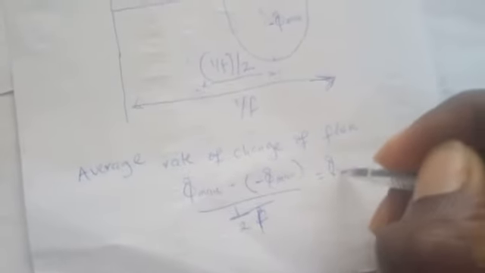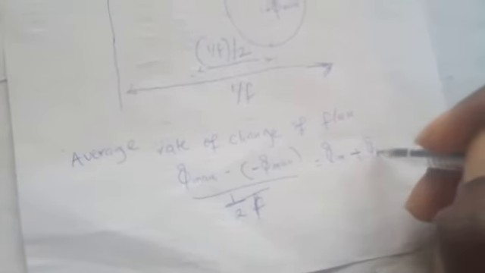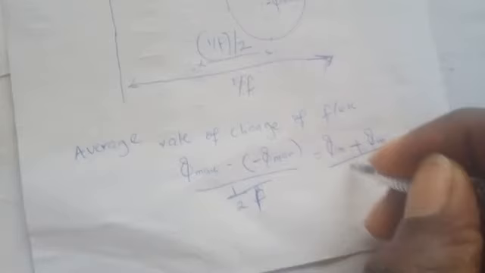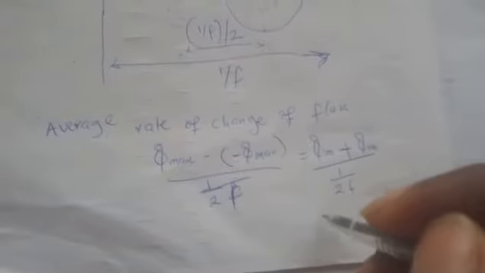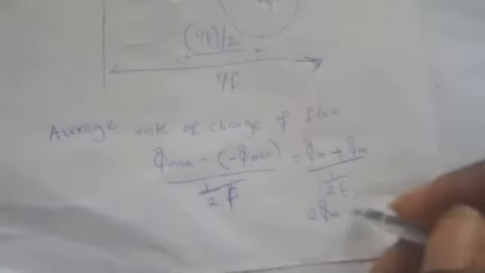Now, that will give me what? Let me just denote the max with m. Minus times minus will give me plus, divided by 1 over 2f. So if I add this to this, that will give me positive 2 phi maximum divided by 1 over 2f.